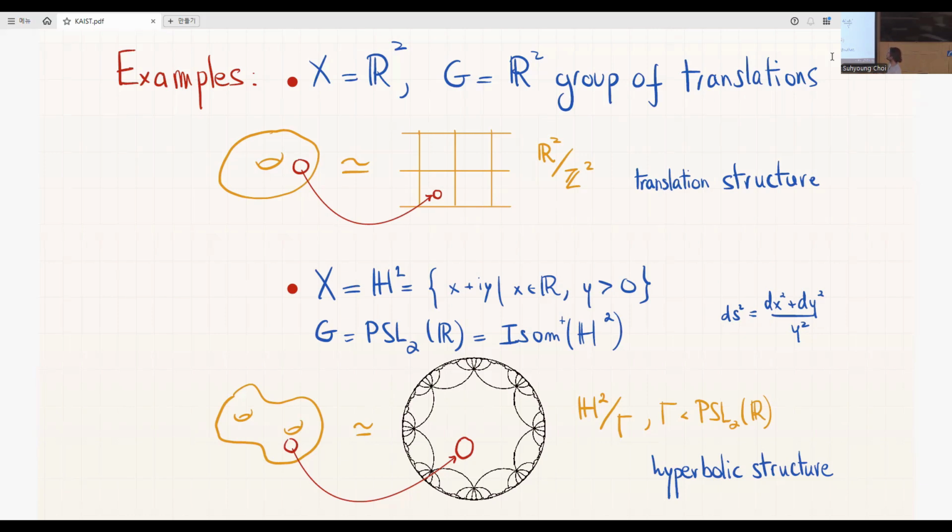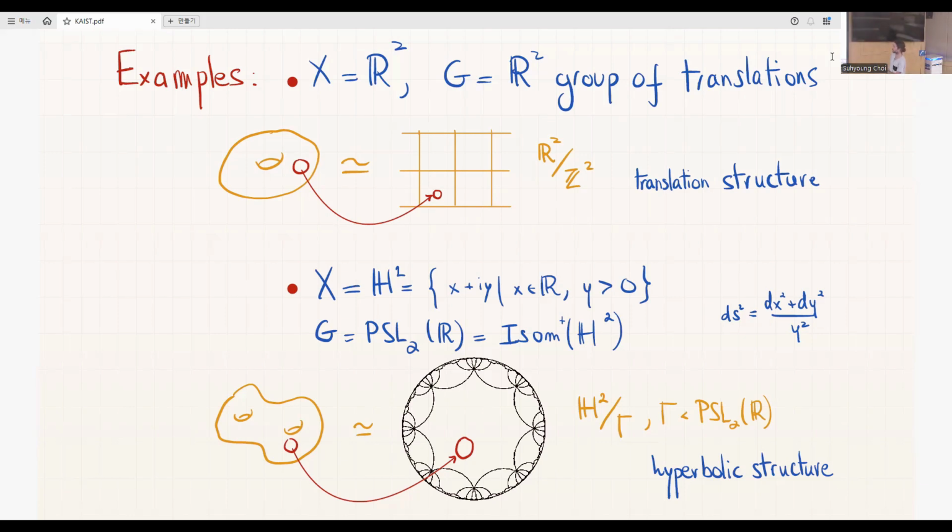If you take an appropriate lattice in PSL₂(R), then H² modulo this lattice will give you a closed surface, and you can have any genus at least 2. If you fix an identification of your surface with the quotient, then you get charts into the hyperbolic plane whose transitions are elements of PSL₂(R).